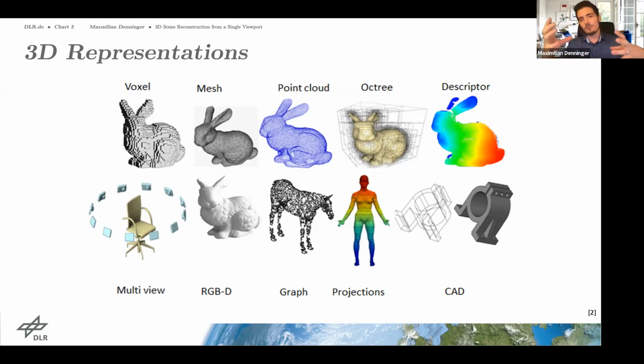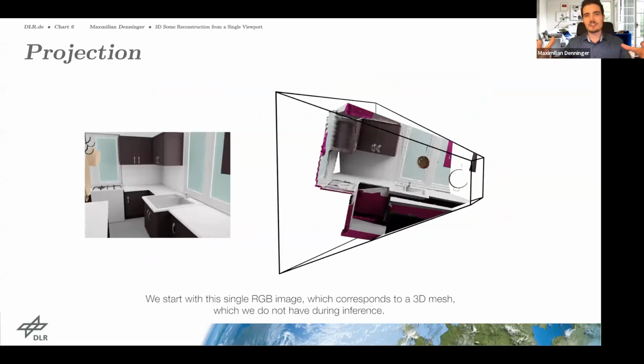But again, for most of them, it's hard to link a certain pixel in the image space to an output, whether it be a point or a voxel. And for sufficient training, we found this linking is really important. For that reason, we use a projection.